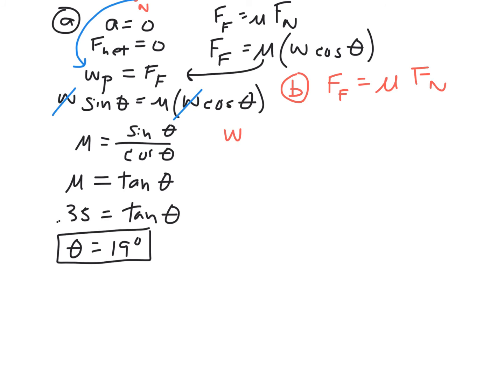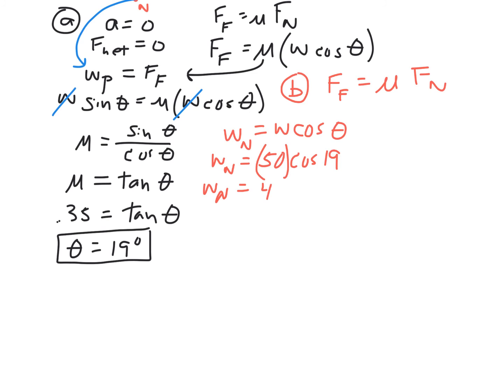If you look at the top, W sub n equals W times cosine of theta. Let me plug these in here. W sub n will be equal to, well, the weight is 50. 5 times 10. It's 5 kilograms of mass times 10 for the acceleration due to gravity times the cosine of 19. Now we're assuming we're staying at the 19-degree angle. So W sub n is 50 times the cosine of 19 degrees.